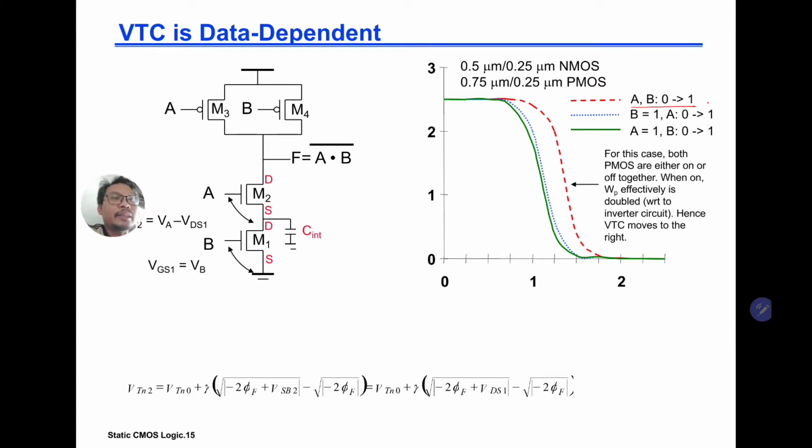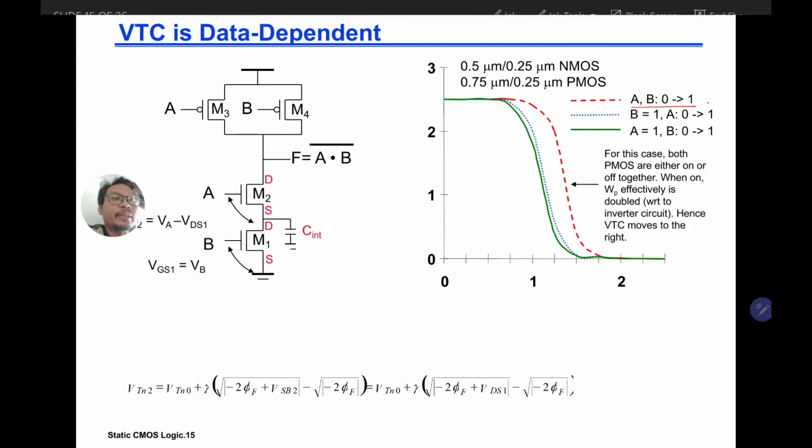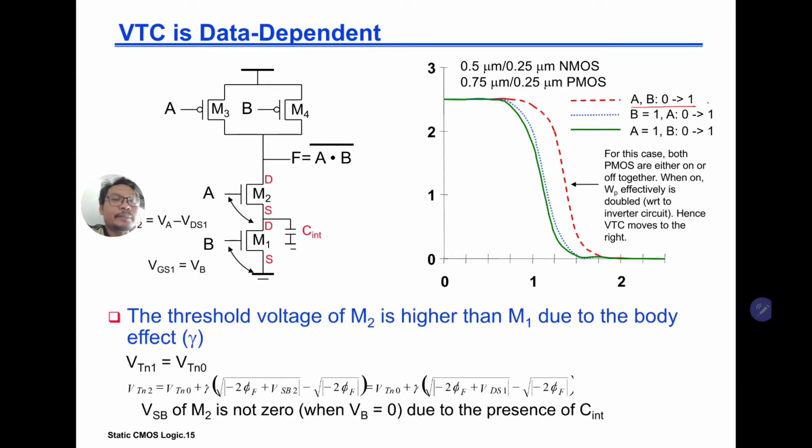Another issue here is with the threshold voltage. Okay, so the threshold voltage of M2 is higher than M1 due to the body effect gamma. So we can see here that the M2 is actually higher VT, VSB is not equals to 0.